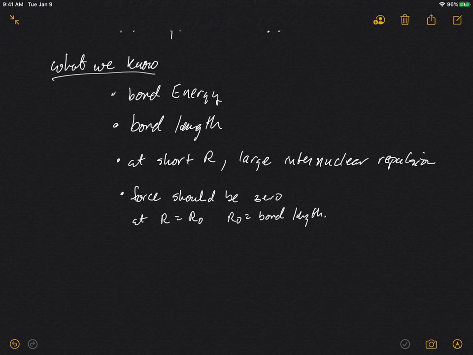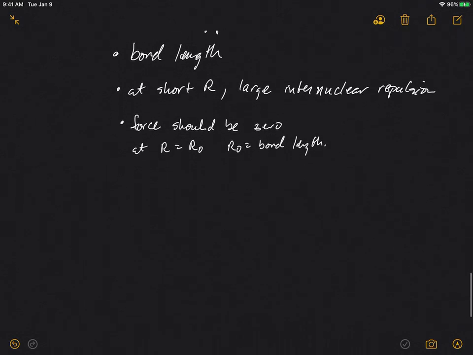And again, as we stated above, we think that maybe this potential should look roughly parabolic near the bottom. So let's take what we know here and see if we can construct a potential energy curve.